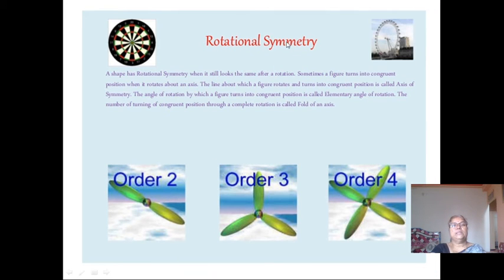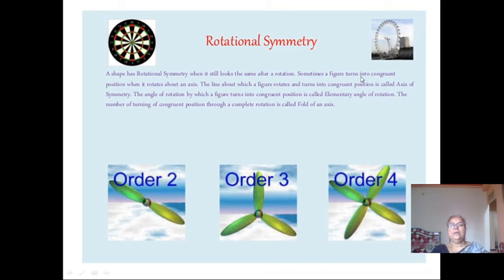Then the axis of symmetry, or rotational symmetry. Any shape of crystal has a rotational symmetry when it still looks the same after a rotation.